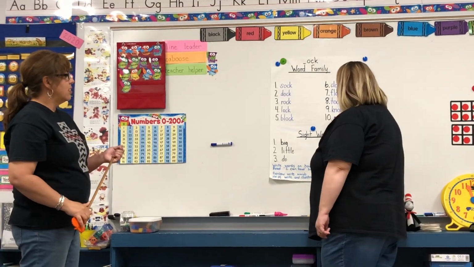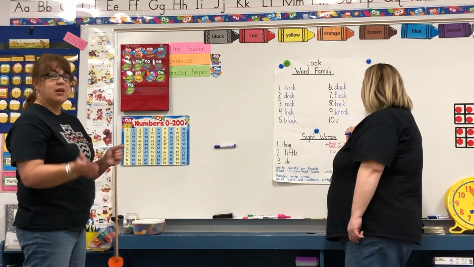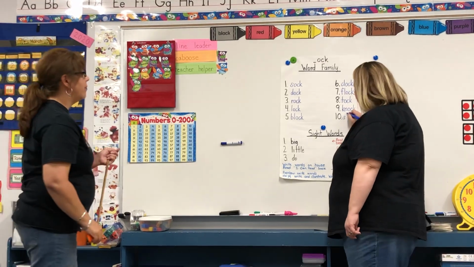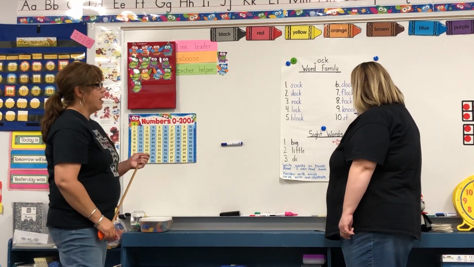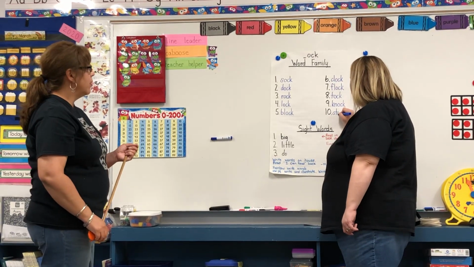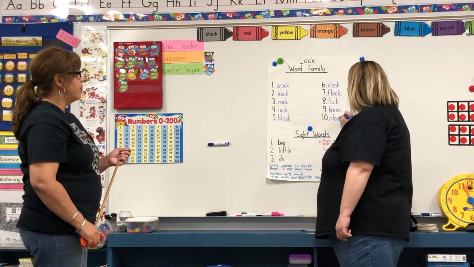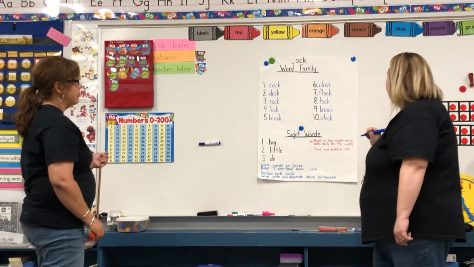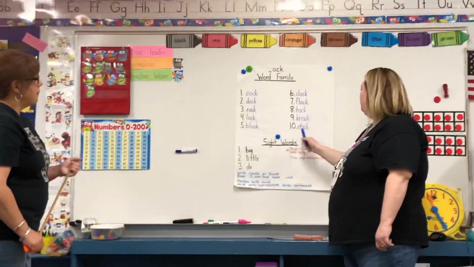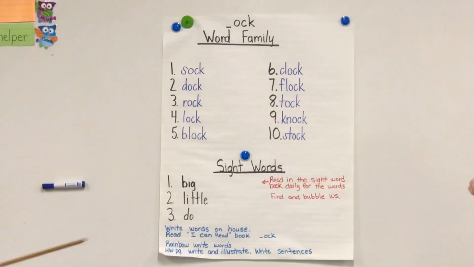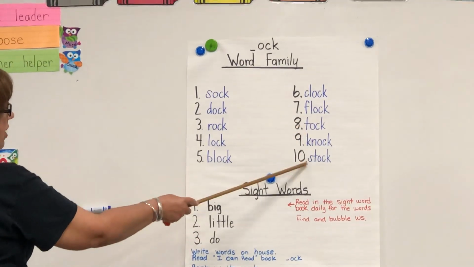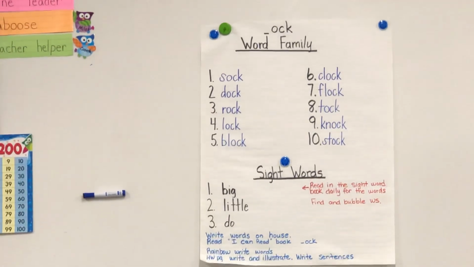S. And T. Then O, C, and K. All right, another 5-letter word. Stock. So it's like tock. Just like we have tock, and we're building another beginning sound in front of that to make another word.